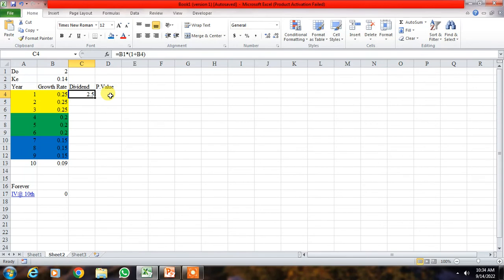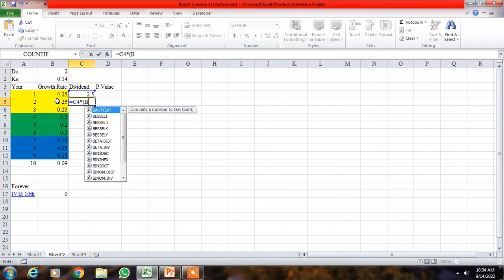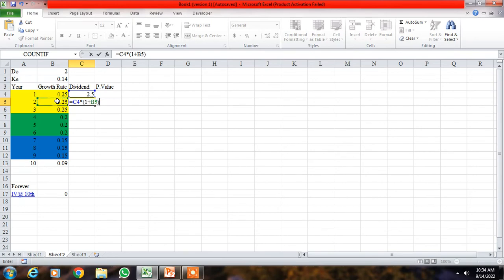So the dividend 1 is the 25% increase in dividend 0, and now dividend 1 will increase by 25%, so your dividend is increasing by 25%. In the third year again it is increasing by 25%.